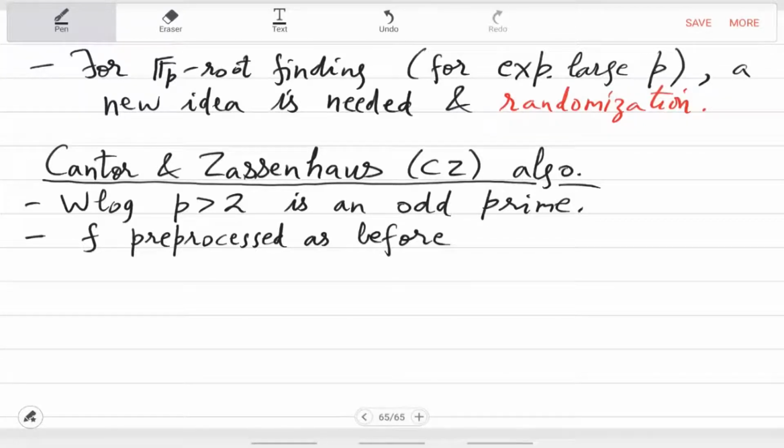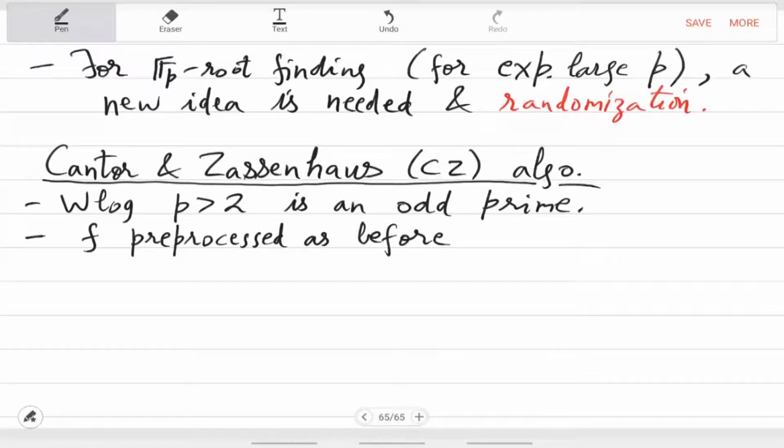So we have already pre-processed F, and we are at the point where F just has F_p roots, distinct, and no other factors. You look at two distinct roots of F, let's say alpha 1, alpha 2, and we somehow want to separate them. Factorization is basically separating the roots.